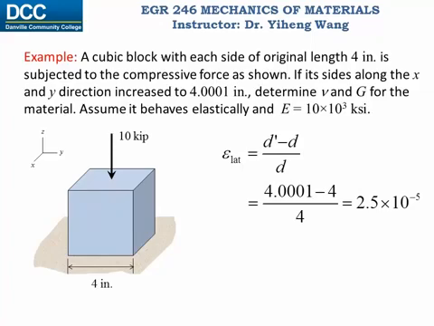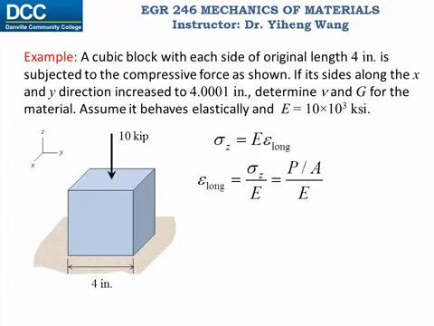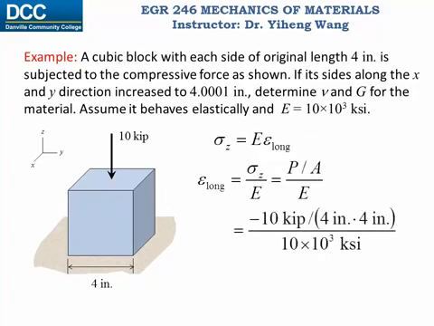And along the longitudinal direction, the z direction, because material behaves elastically, therefore Hooke's law applies. Therefore, sigma z equals Young's modulus multiplied by epsilon longitudinal. From here, epsilon longitudinal is calculated by sigma z, the normal stress, over the Young's modulus, and sigma z equals force over area, P over A. Therefore, we substitute in the numbers.